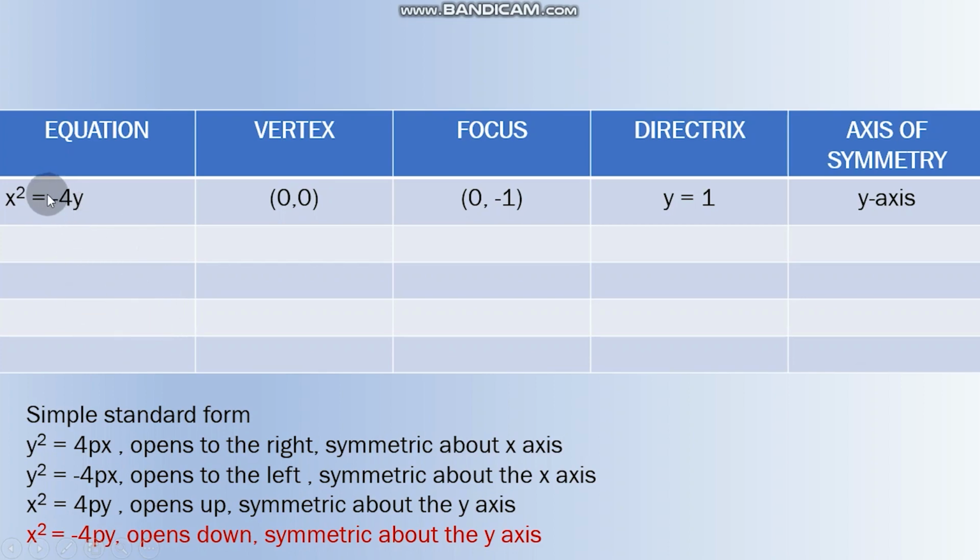Okay? Yun lang yung meaning ng negative na yun. So, yun yung pinaka-clue. Okay? That this parabola opens downwards, symmetric about the y-axis, vertex 0, 0. But the focus would come from here. Okay, so negative 4. Pero meron din tayong negative 4py dun sa ating pinaka-general or standard form, di ba?